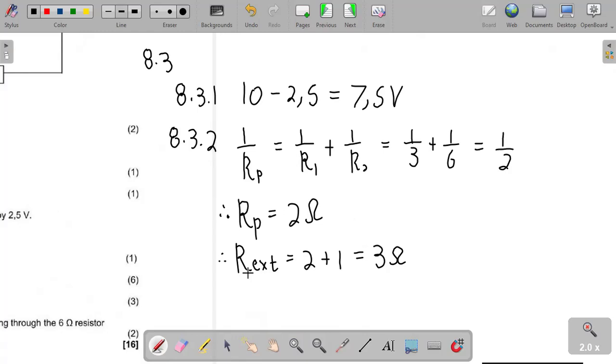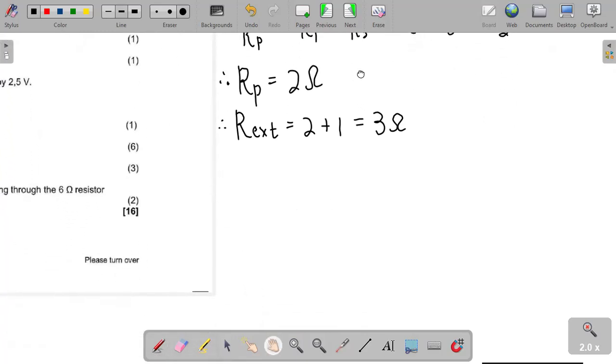Now, from there, we can then find, because we have the external voltage, which is 7.5.